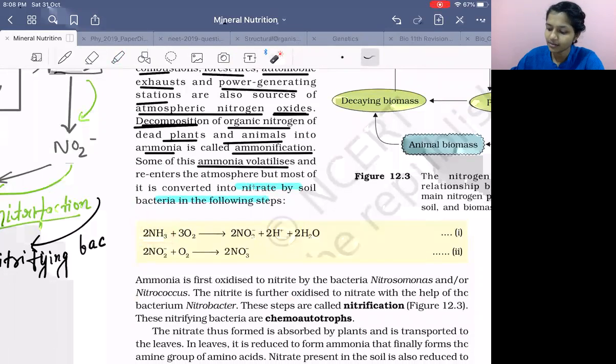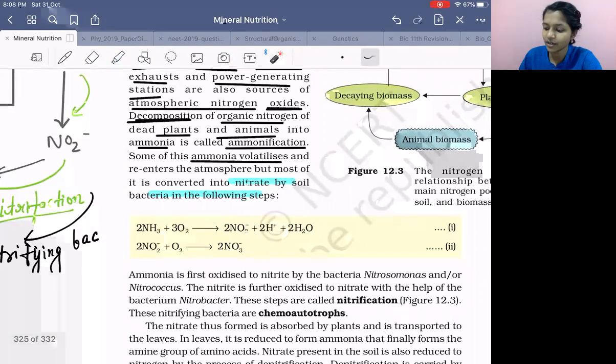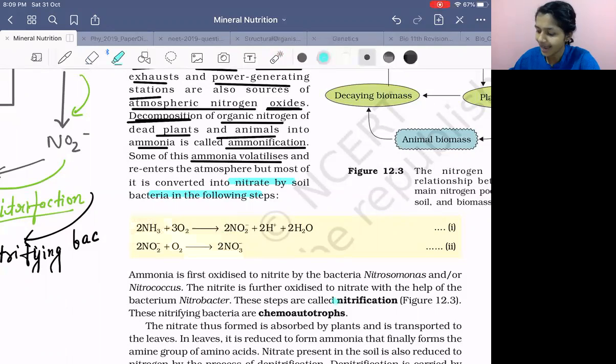This ammonia will get oxidized with the help of bacteria. It will first become nitrite. Again, this nitrite will get oxidized and become nitrate. This process of conversion of ammonia to nitrite and nitrate is called nitrification, and the bacteria doing it are called nitrifying bacteria.